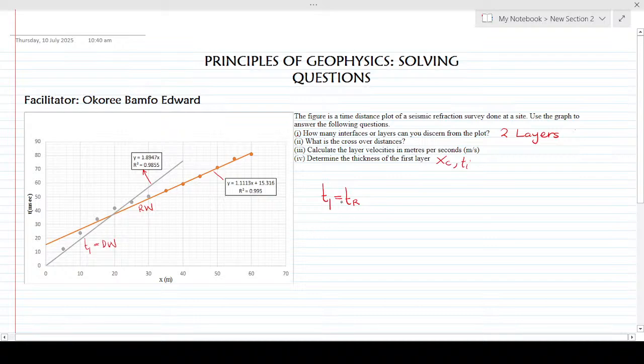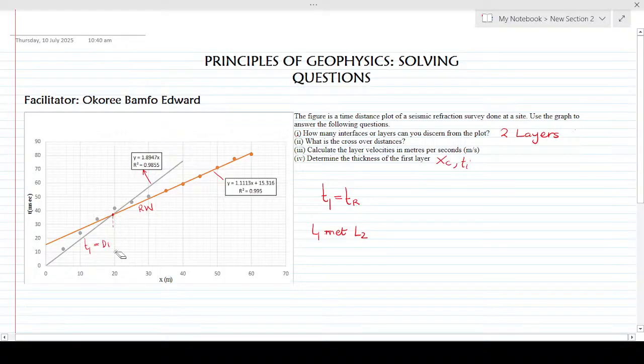So where T1 and T2 become equal, that is where we have our crossover. From the graph, where line 1 meets line 2, that is where our crossover distance will be.